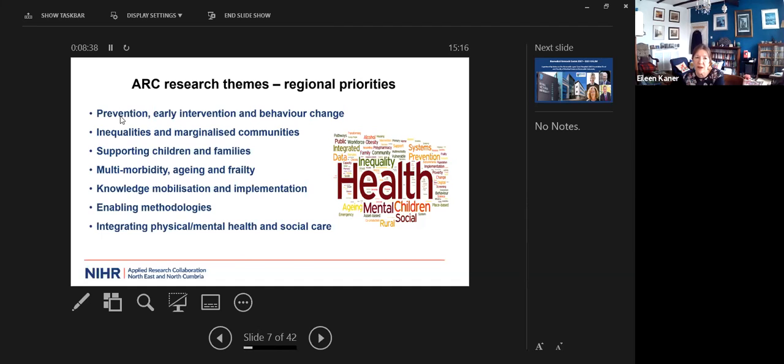We're committed to trying to address inequalities, to dealing with children and families as well as older people in the population, and to be taking evidence and trying to put it into practical form so it's really useful for people, and to be developing new methods and skills to do that one. And these 7 things are the priorities that were identified after a process of talking to lots of people across the region about what we should focus on within our ARC.